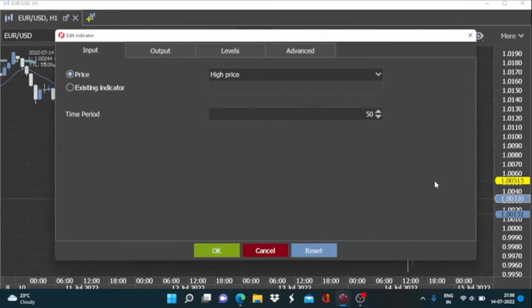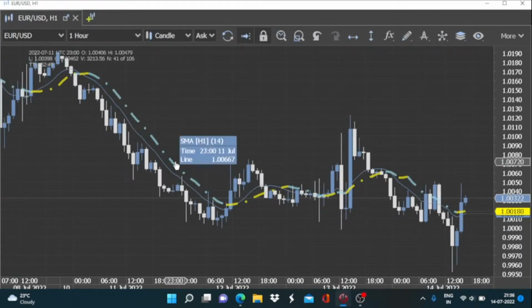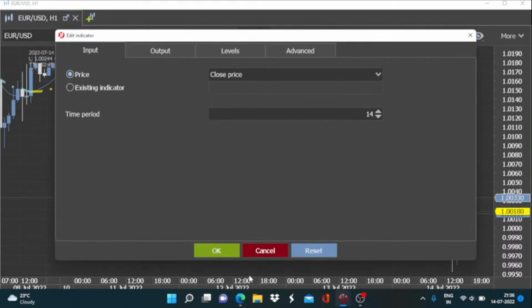Let me edit it to 14. Okay, and the applied price I will opt for close price. So this is the SMA of the 14 candle period, and this is the LWMA of the 14 candle period.